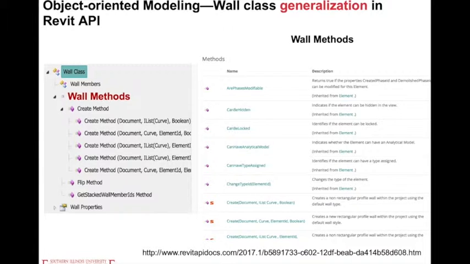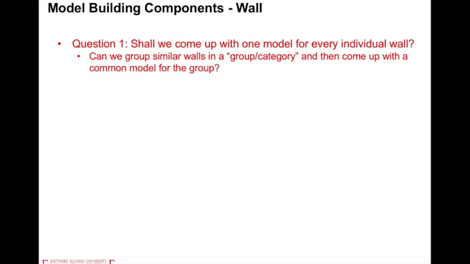If you view the wall as an object, this object should also have, besides the dimensions and some basic shape information, some behavioral parameters, such as how to create a wall, how to modify the wall, how to flip the wall, if they have an interior layer and an exterior layer which are different. Next question is, shall we come up with one model, for example one wall, for every individual wall?